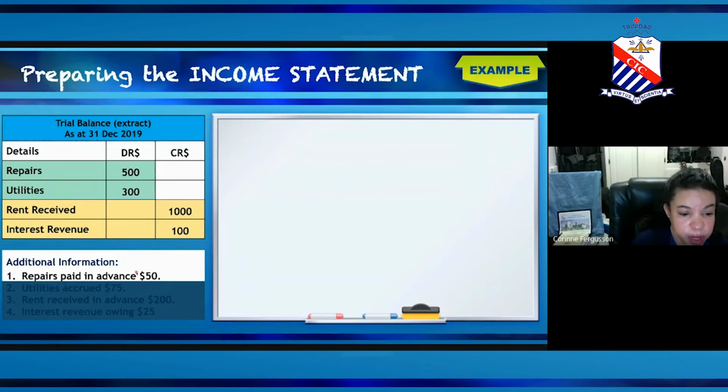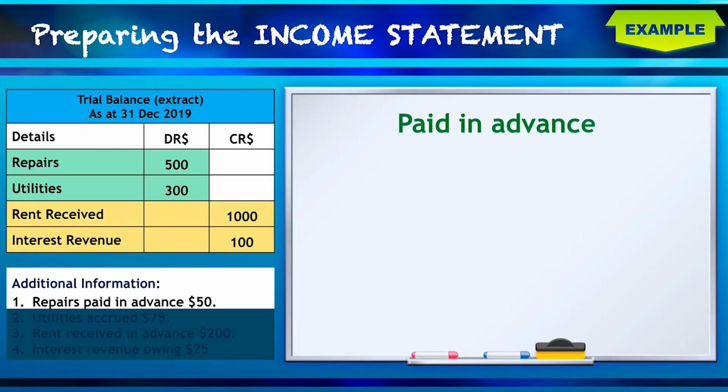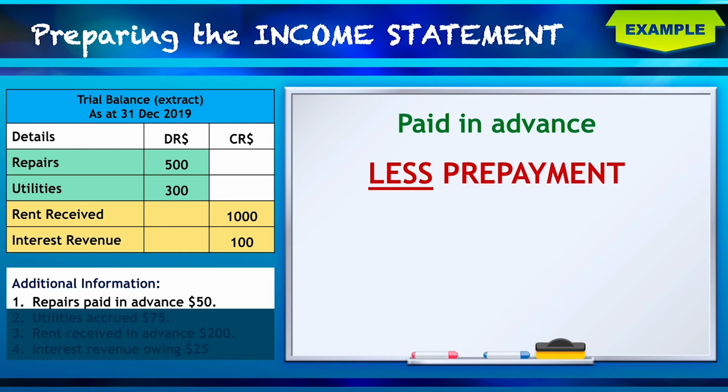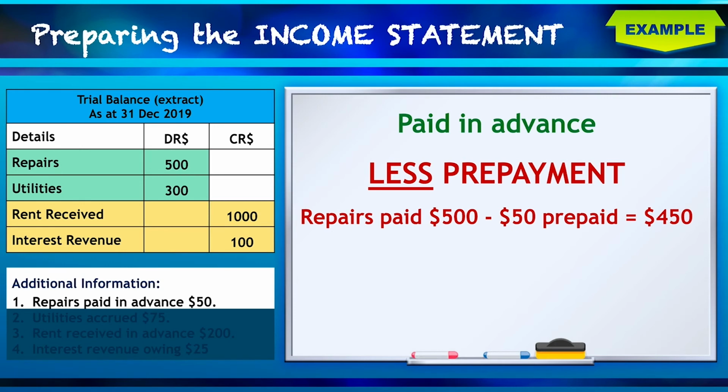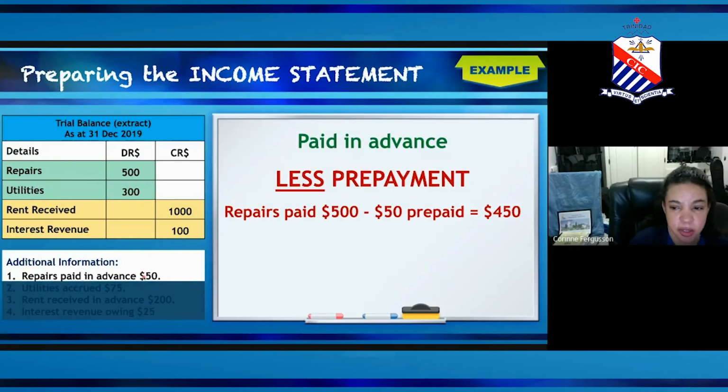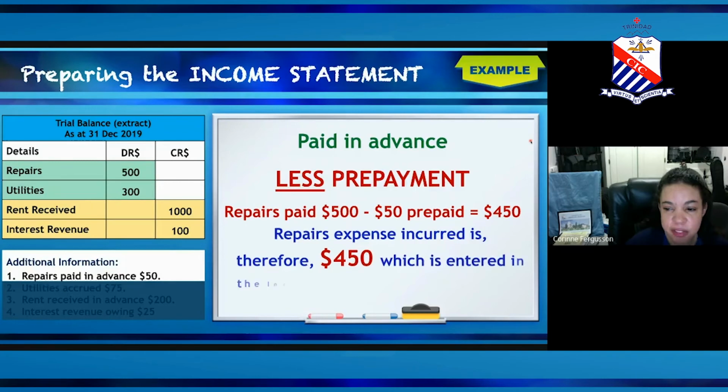So if you have a prepayment, what you do with prepayments, you always less the prepayment. So your repairs paid, $500, less your $50 prepayment, means you have $450. The $450 represents the expense incurred, which is entered in the income statement.